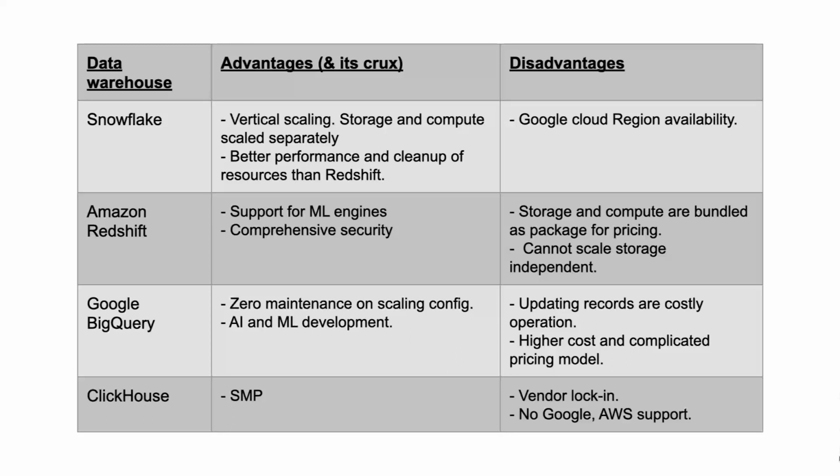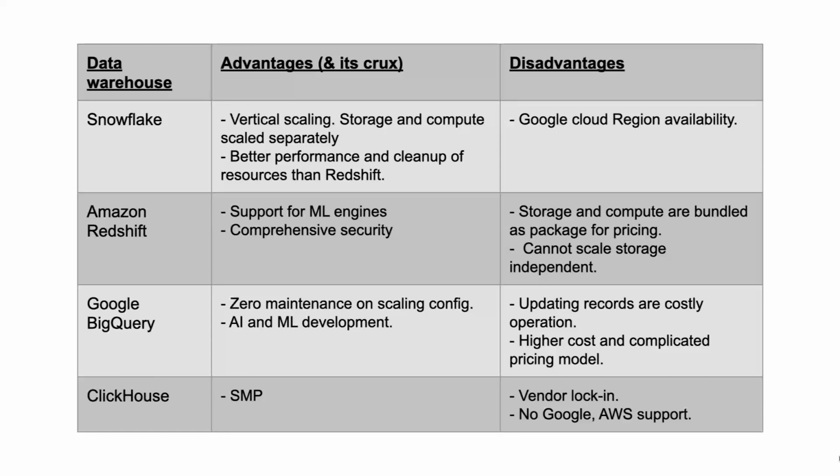So the very first cloud data warehouse, which was a kind of market leader, was Amazon Redshift. While Amazon Redshift was introduced, that was the only cloud data warehouse, and everybody with a specific requirement was opting for that.